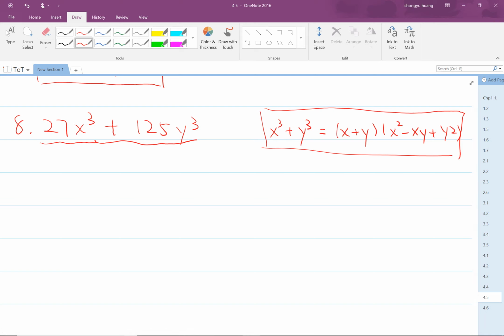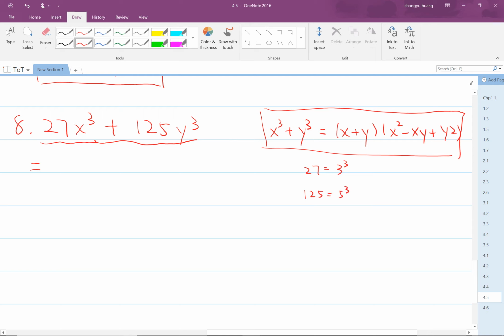First of all, we have to do some simplification first. As you know, let me write it over here. 27 is actually 3 to the power 3, and 125 is actually 5 to the power 3.